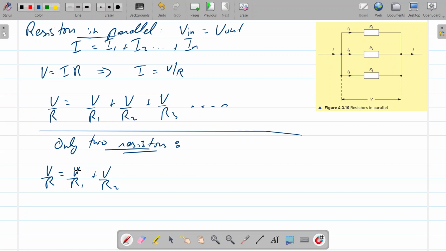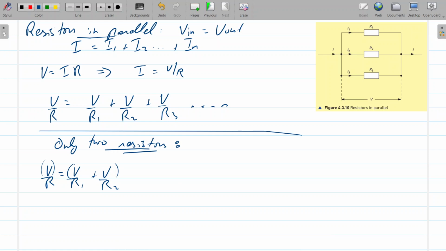Right? And you take V common over here. And so what you're left with is 1 over R, that's not I, equals 1 over R1 plus 1 over R2.